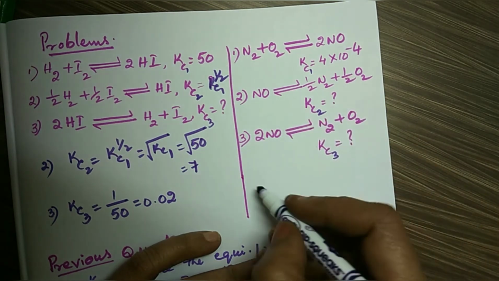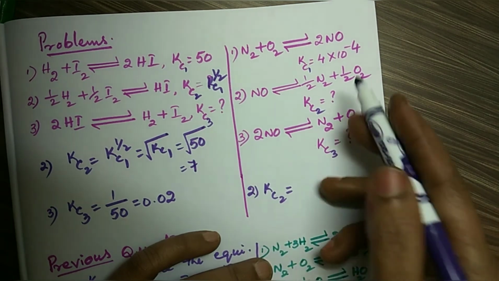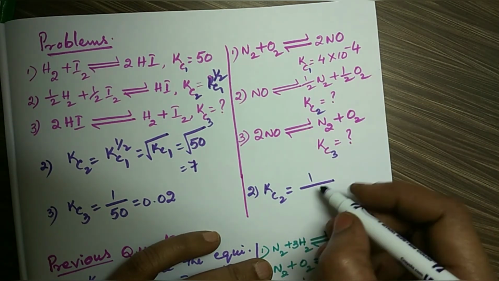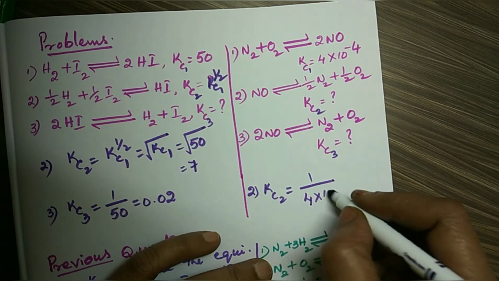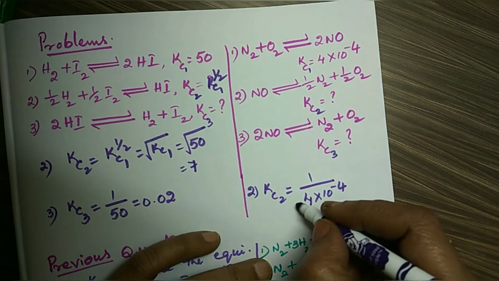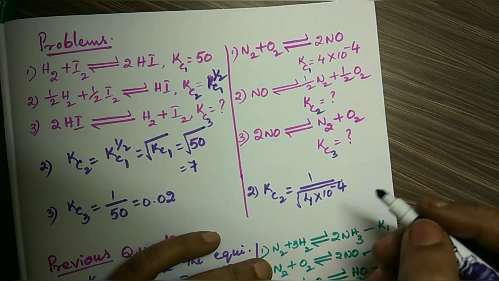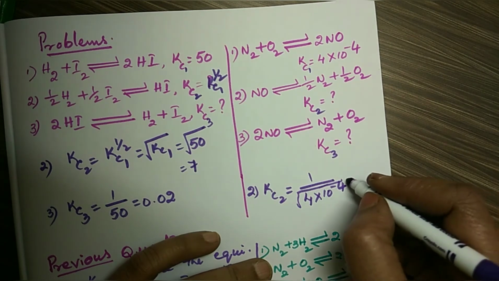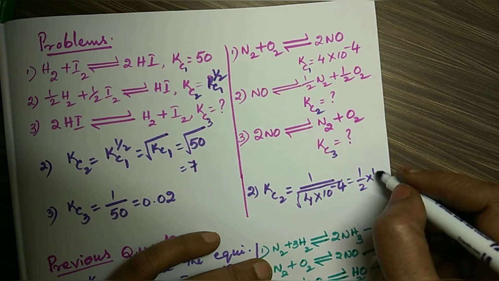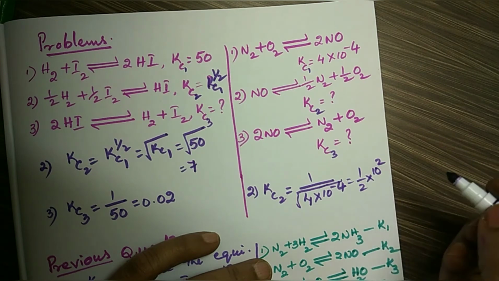So Kc2 is equal to the inverse of Kc1, that is 1 by 4 into 10 power minus 4, and as the concentrations are becoming half, we have to take the square root of it, right? So it will be 1 by 2 into 10 power 2.